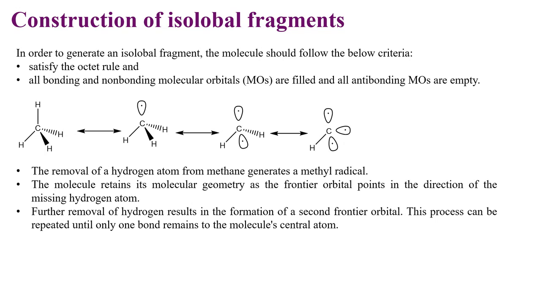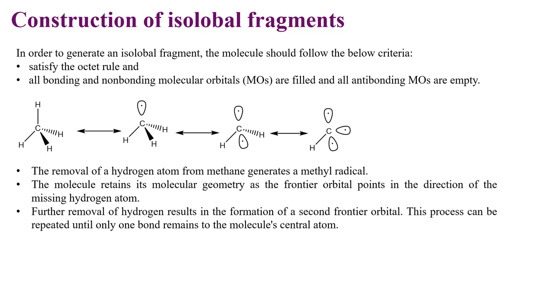So if I start from methane, after removal of a hydrogen atom, it generates a methyl radical. This methane and the methyl radical will retain their molecular geometry, as the frontier orbitals will always be directed in the direction of the missing hydrogen, that is, from where the hydrogen atom has been removed.